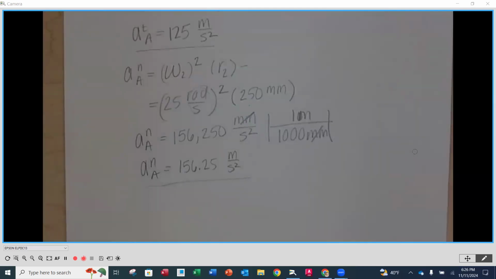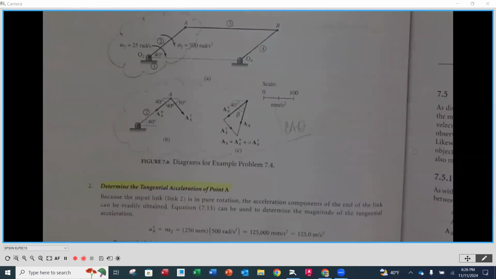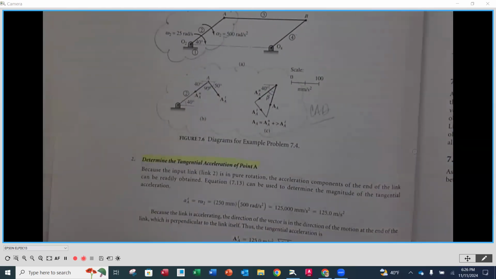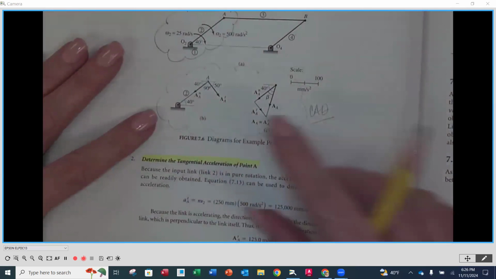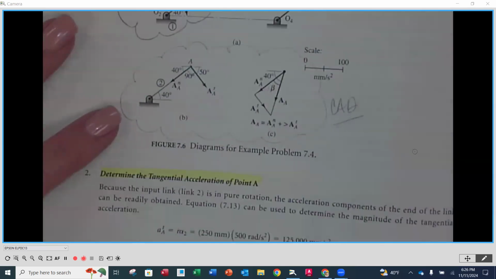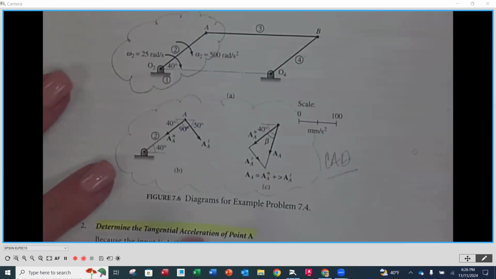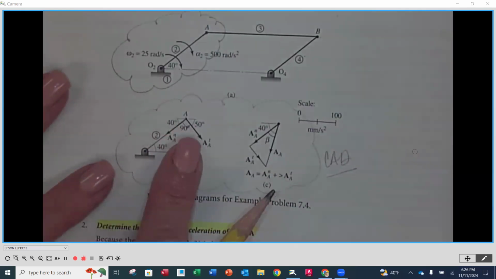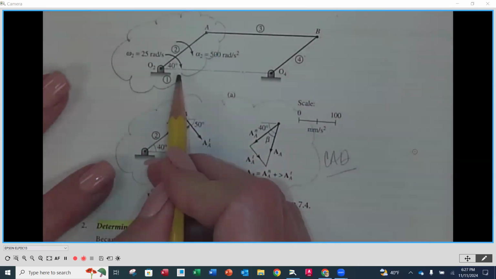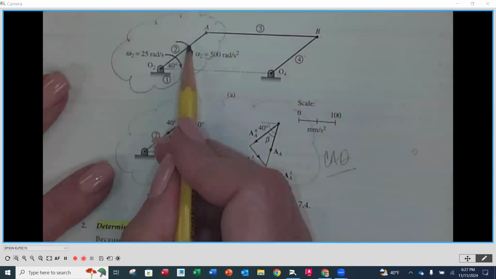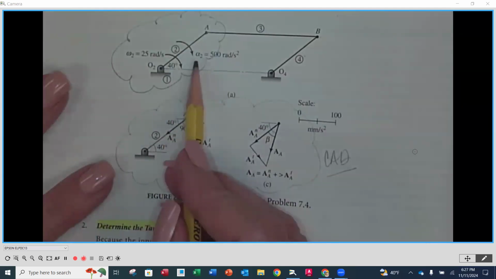Okay, and so those are going to be, I'm going to go to this example. This is where I'm talking about that I'm kind of pointing at. The tangential is going to go in the direction of rotation because it's speeding up. So we know that our angular velocity and our angular acceleration are both going clockwise.